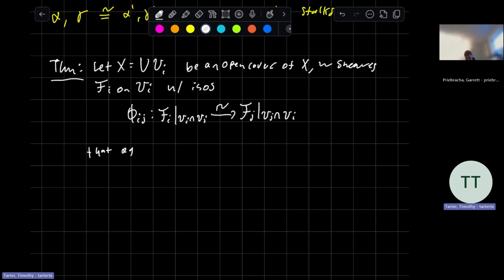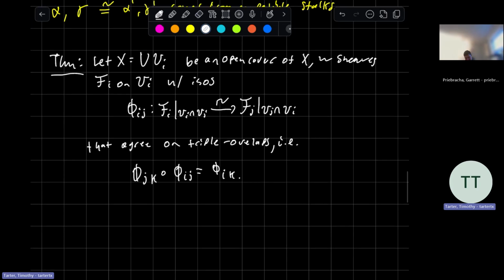That agree on triple overlaps, i.e. phi_jk phi_ij is equal to phi_ik on U_i intersect U_j intersect U_k.